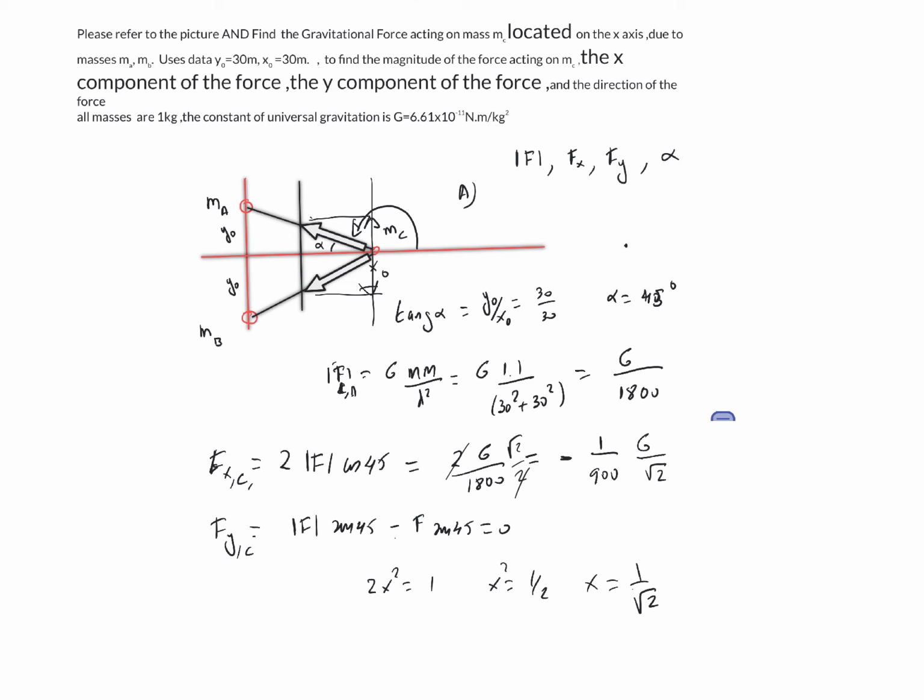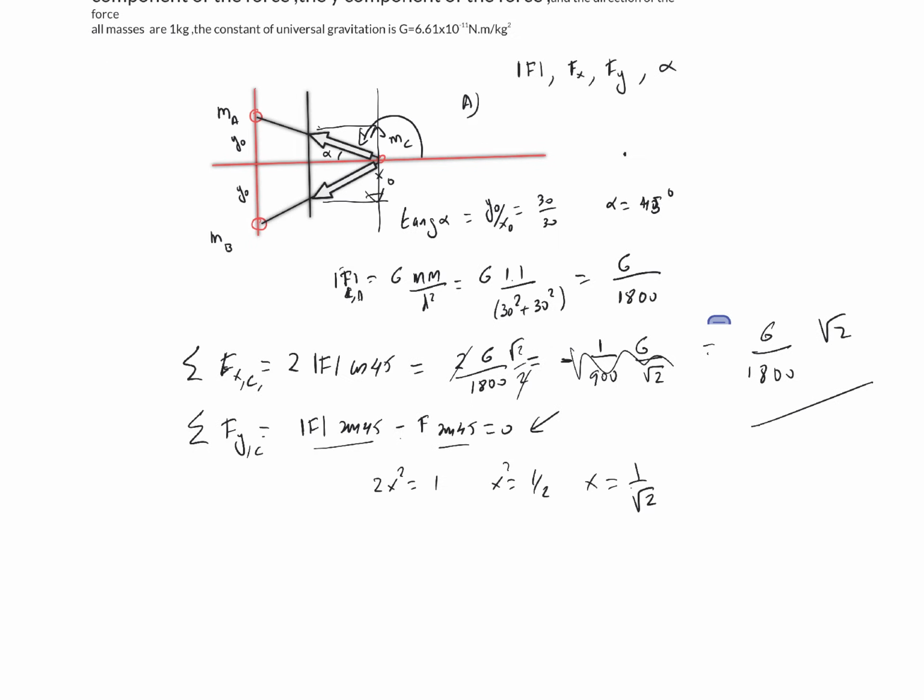The result will be, let me erase here, G divided by 1,800, okay, G divided by 1,800 square root of 2. And this is the net force, the sum of all the forces in the x direction. The sum of all the forces in the y direction will be 0, as we see in the problem. So the correct solution is, what is the total force in the x direction?